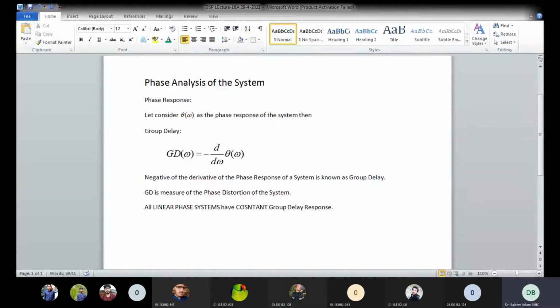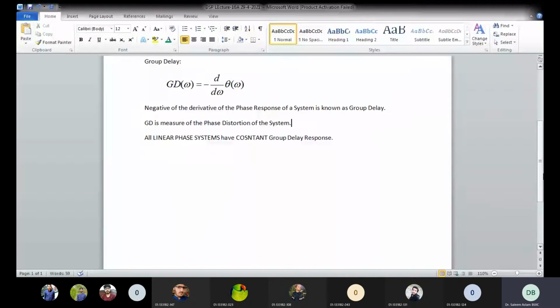An IIR system may or may not be linear. So for IIR systems, we need a rigorous phase analysis in order to study the phase distortion of those systems, right? For FIR systems, our life is easy, but for IIR systems, our life is a little bit tough. We have to perform the phase analysis.